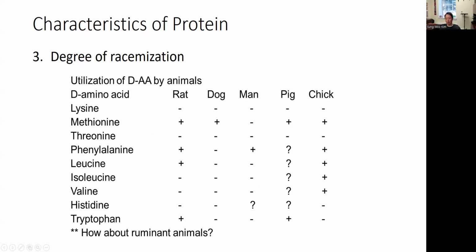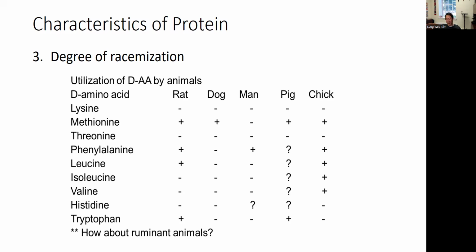How about ruminant animal, ruminants? It will be different. Why? For the ruminant animals, before these amino acids reach to the real gastrointestinal tract, which is small intestine, important parts, everything will be altered, modified in the rumen and reticulum.